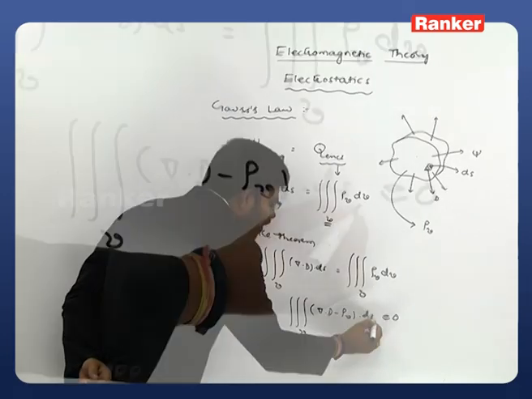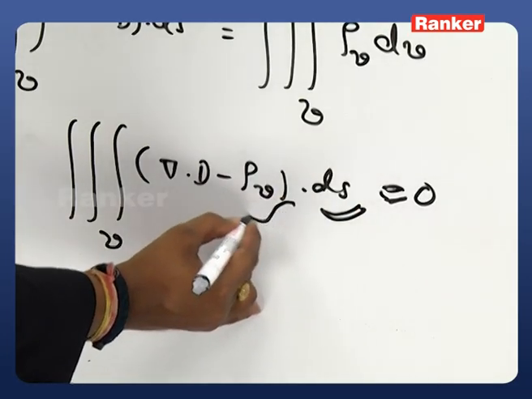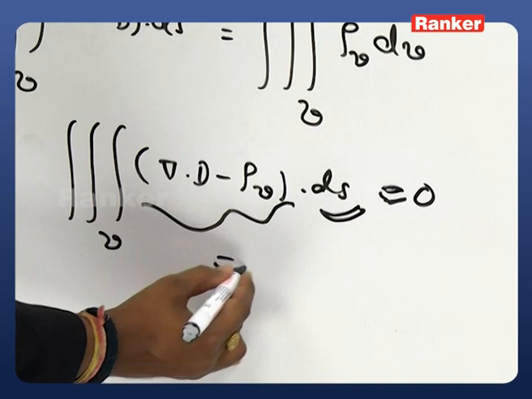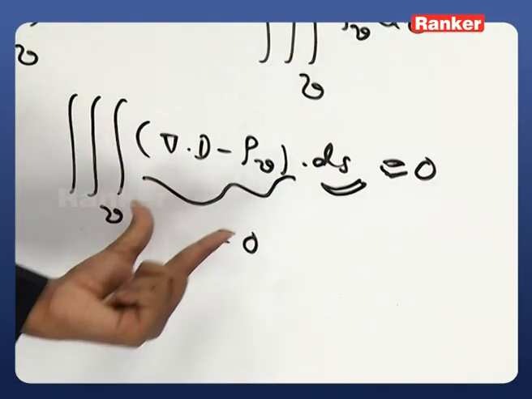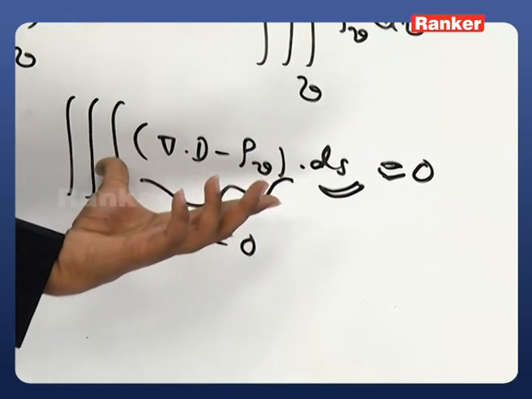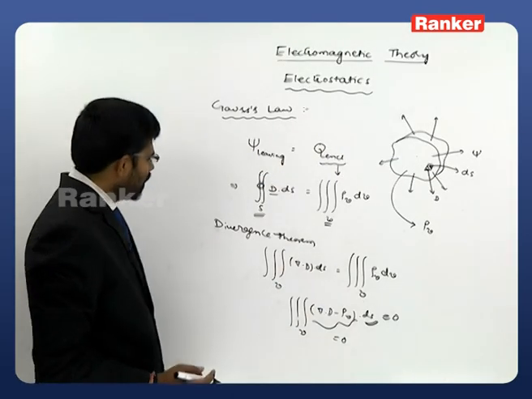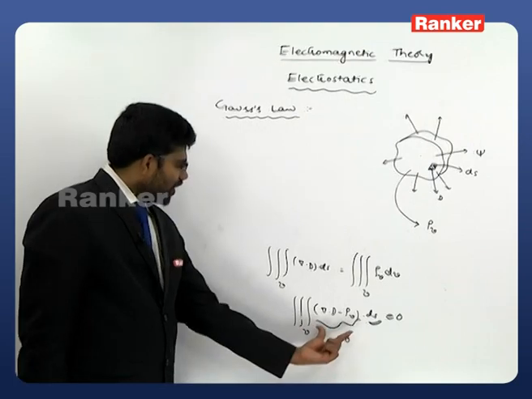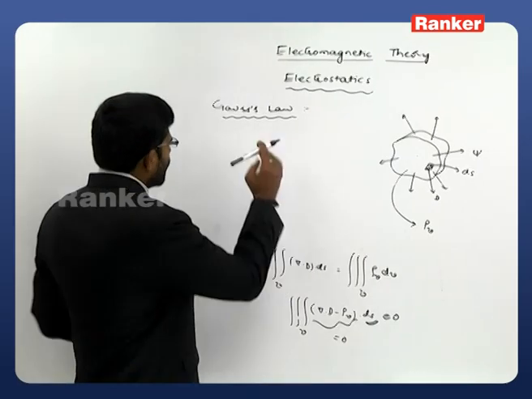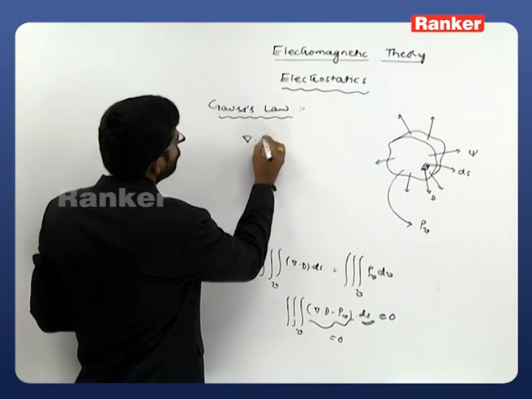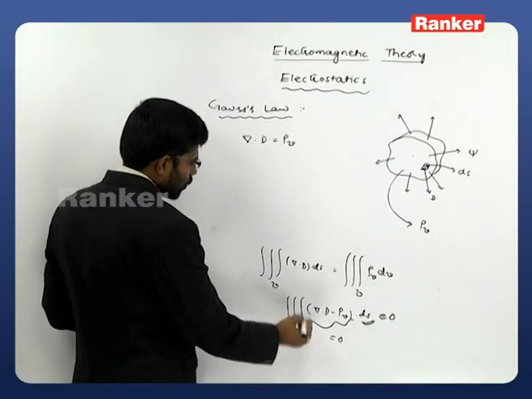For any arbitrary volume that we are considering, clearly the term is equal to 0. So the integrand, del dot D minus rho v, is equal to 0. If you write that, del dot D is equal to rho v. That is what we get.